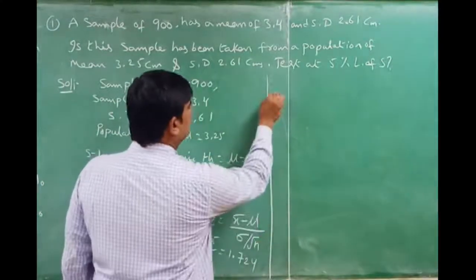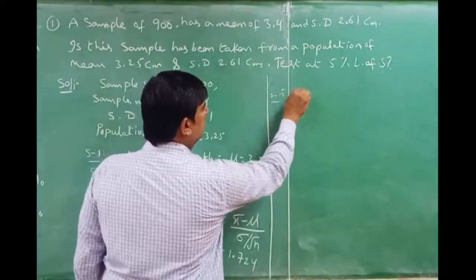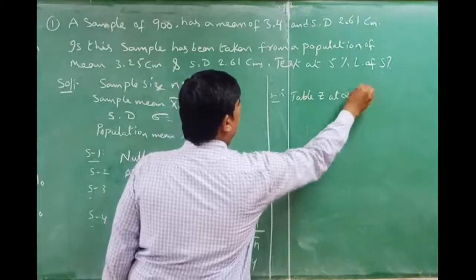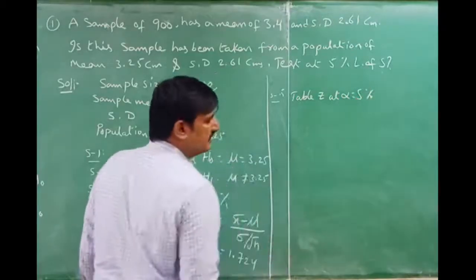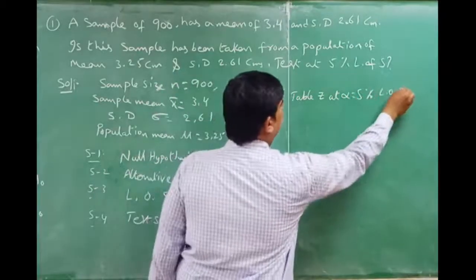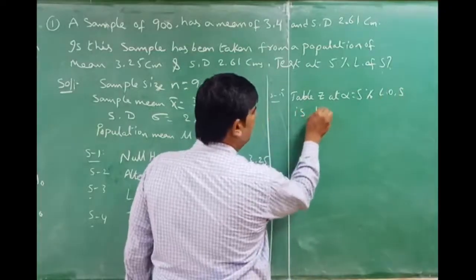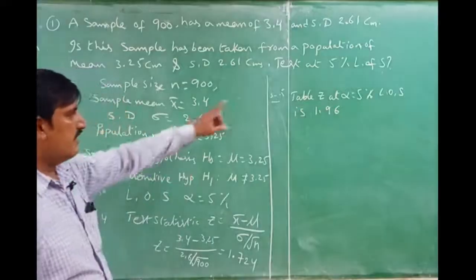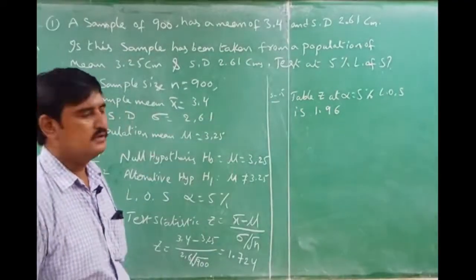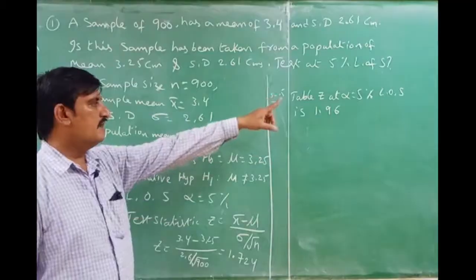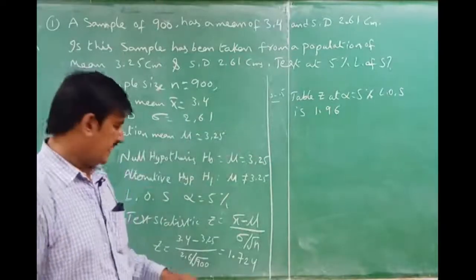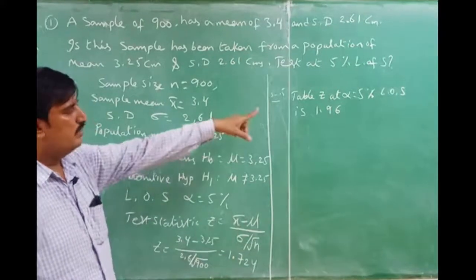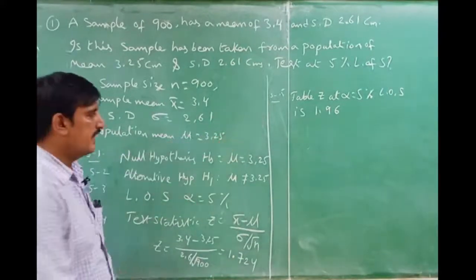So now conclusion. What is step 5? We have to see the table value. Table Z at alpha equal to 5%, that means 0.05, that means 95%, is 1.96. The calculated value we got is 1.724, and the table value is 1.96.